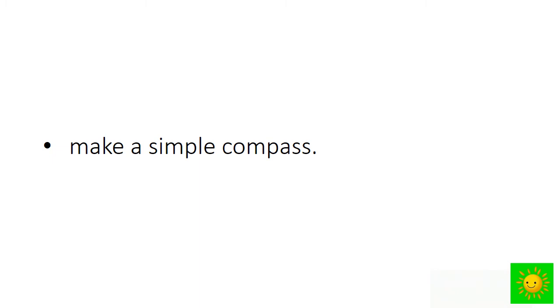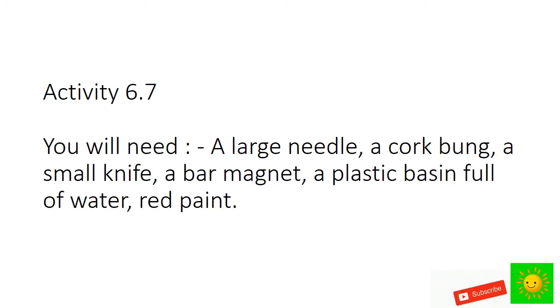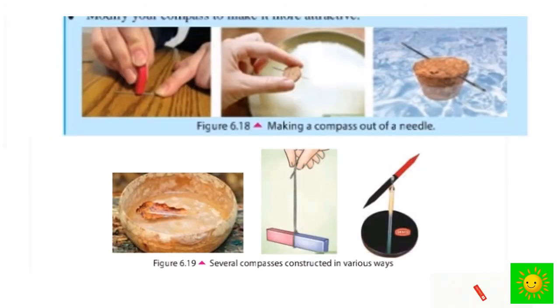Now we are going to make a simple compass by using these things: a large needle, a cork bung, a small knife, a bar magnet, a plastic basin full of water, and red paint. What do you have to do? Magnetize the needle by the contact method using the bar magnet.